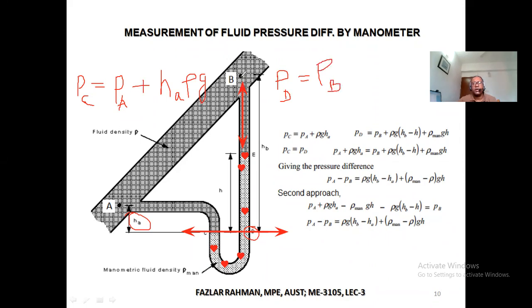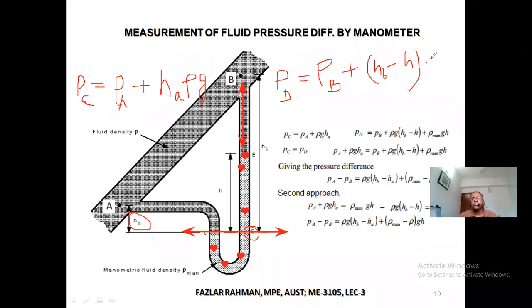Then you come from point B to E, so it will be positive. How much is the height? HB minus H into rho g. Now, where did you come to?